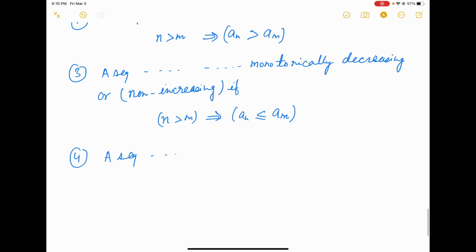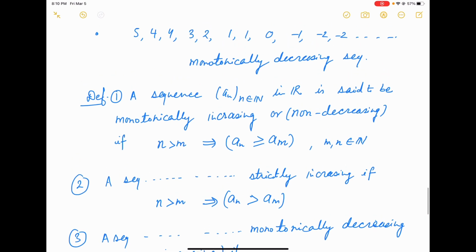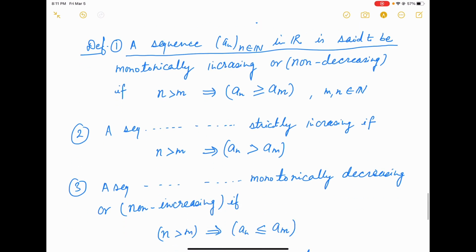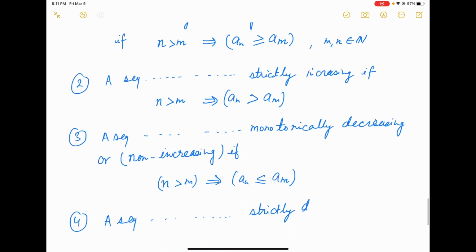And the fourth one: a sequence is said to be strictly decreasing if, here this portion is the same. A sequence a_n in R is said to be, you have to write down this line in each of these definitions.